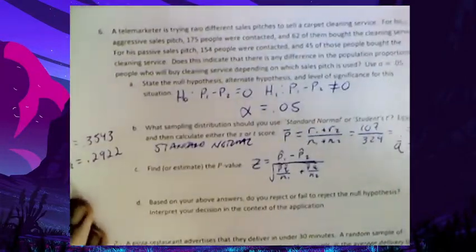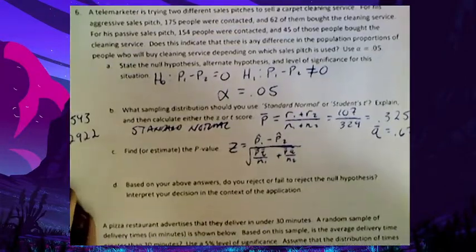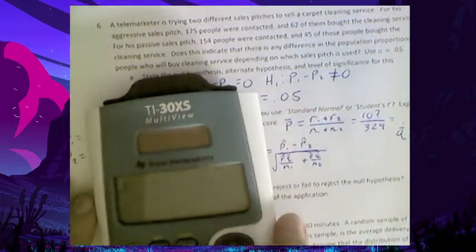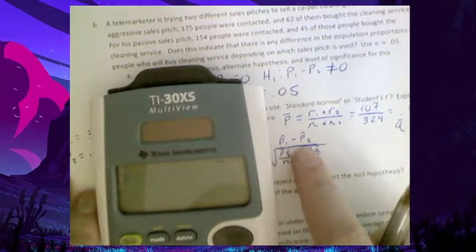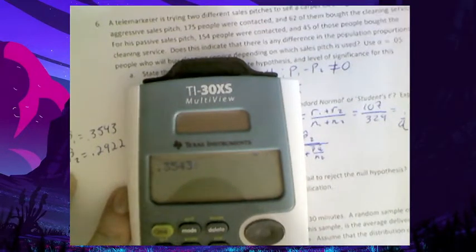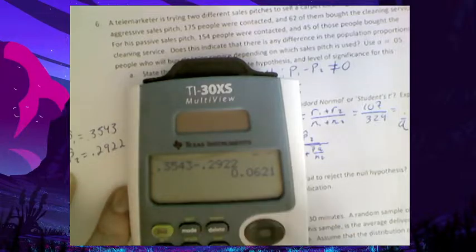So I have all the bits that I need. All I've got to do is some plugging in. Again, I recommend doing it little by little. So I'm going to do my p hat 1 minus my p hat 2. That would be 0.3543 minus 0.2922, which is 0.0621.